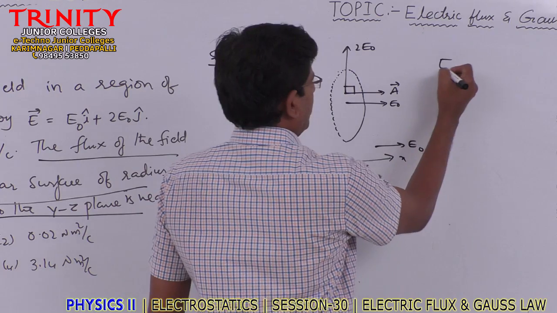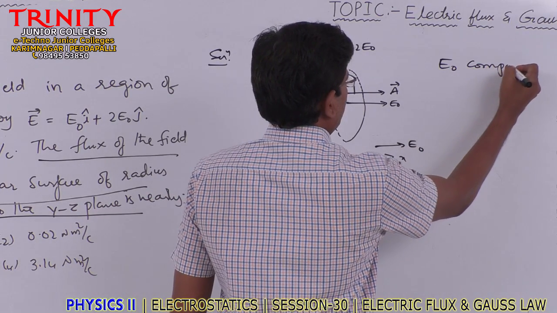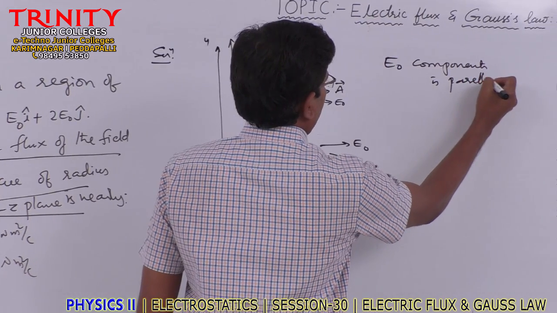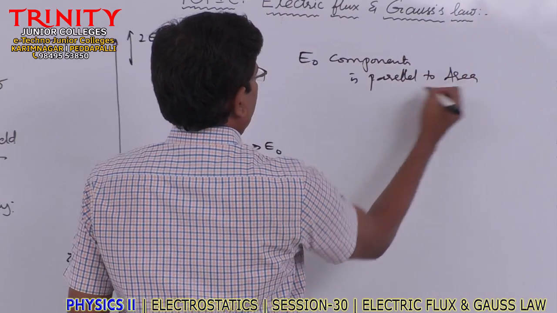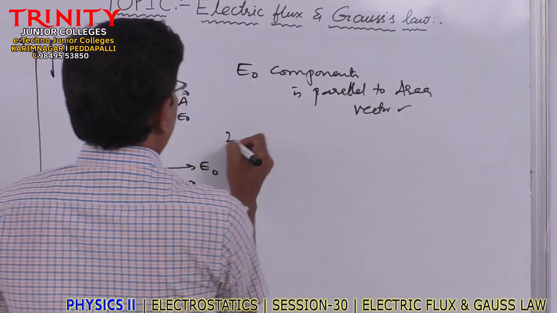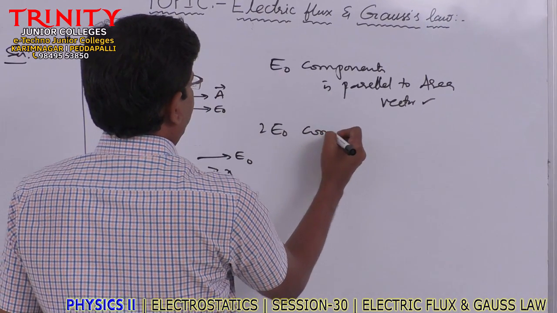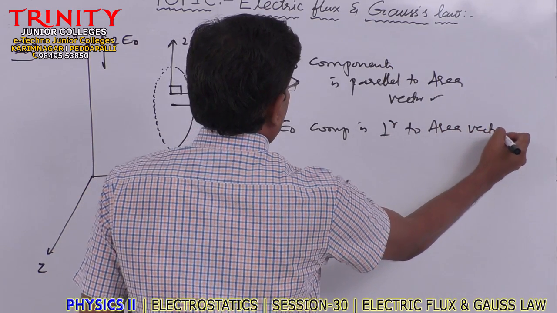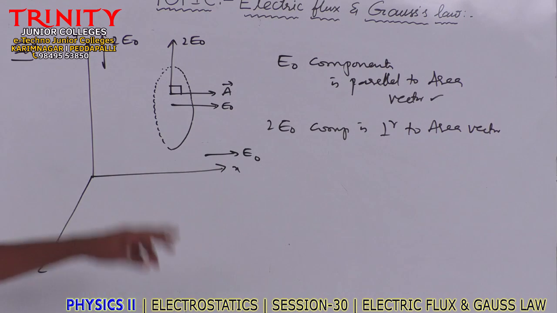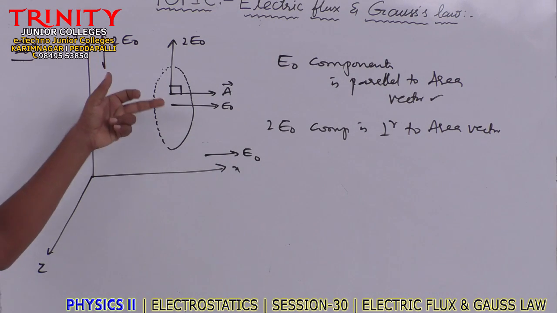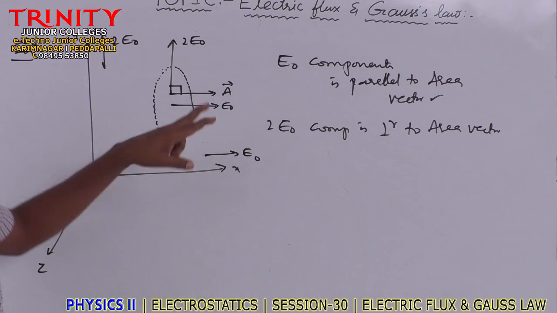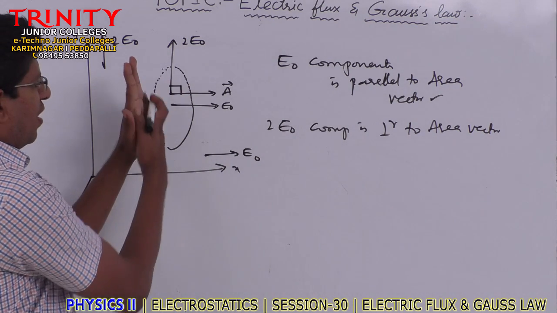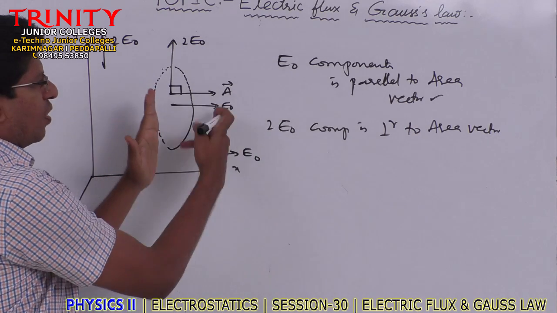Let me write that: the E naught component is parallel to the area vector, and the 2 E naught component is perpendicular to the area vector. Therefore, the flux through this circular cross section is completely due to E naught and not because of 2 E naught.